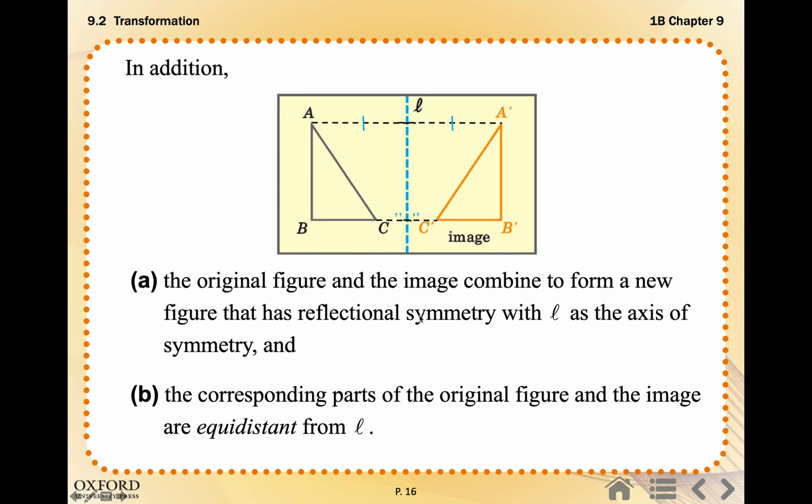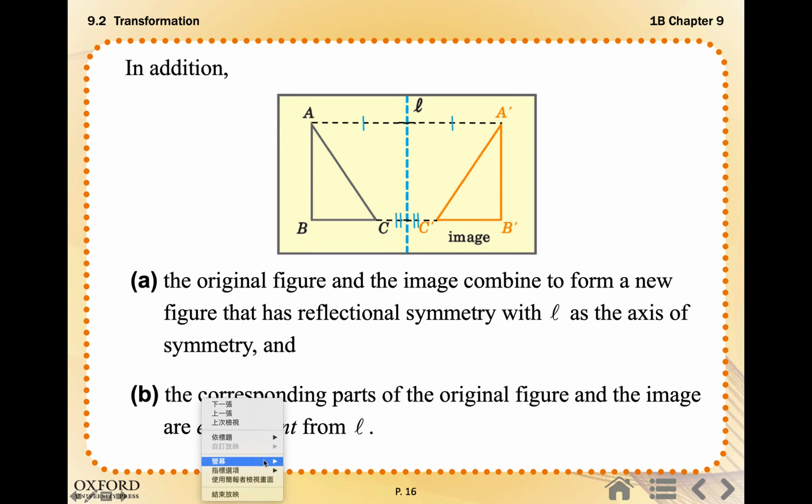And then point B is that the corresponding parts means that, for example, if you look at the vertex A, it corresponds to the image of A, that means A dash. And then you can see that the original figure and the image are equidistant from L. What is the meaning of this equidistance?